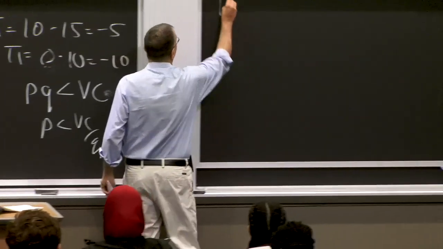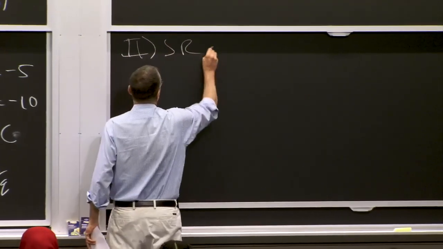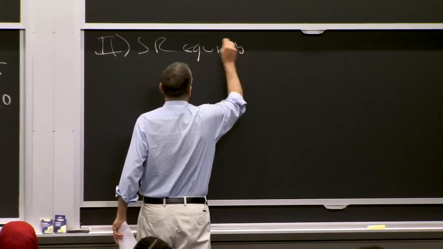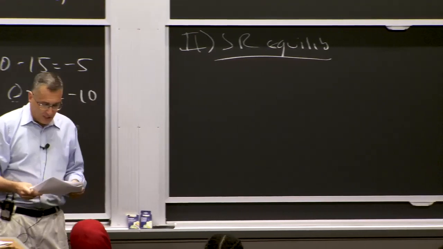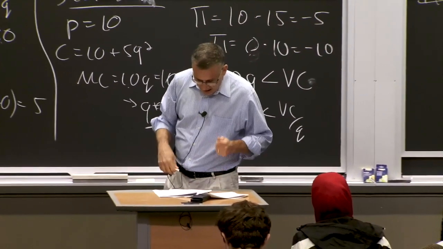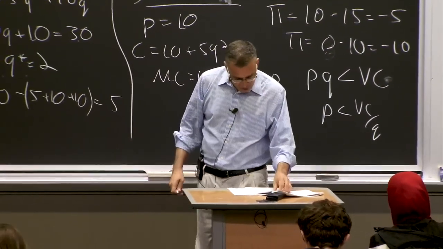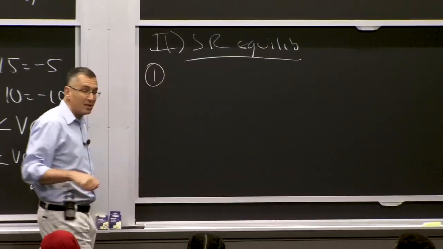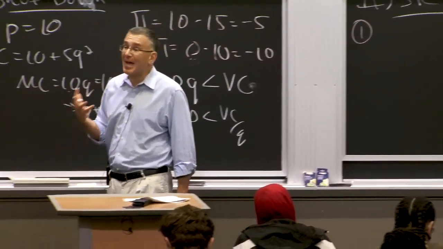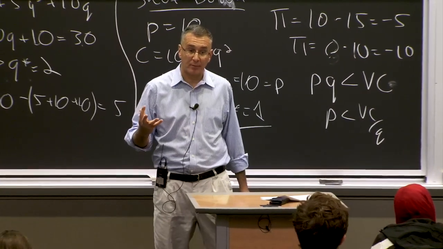So let's do short-run equilibrium. How do we do short-run equilibrium? Let's go through the steps. Step 1: each firm picks a fixed amount of capital it's going to have in the short run.